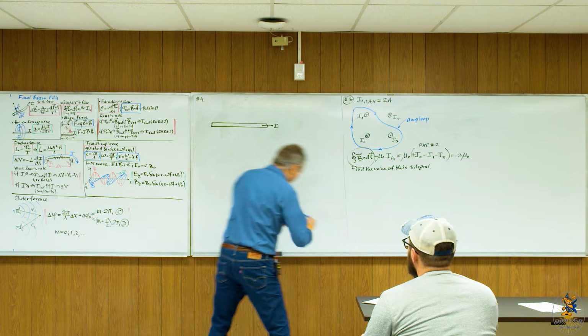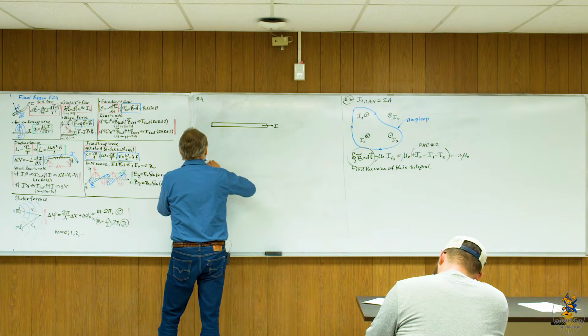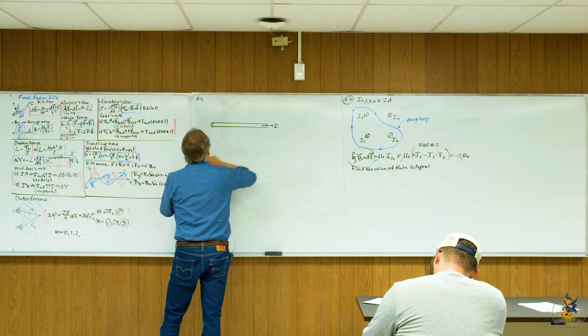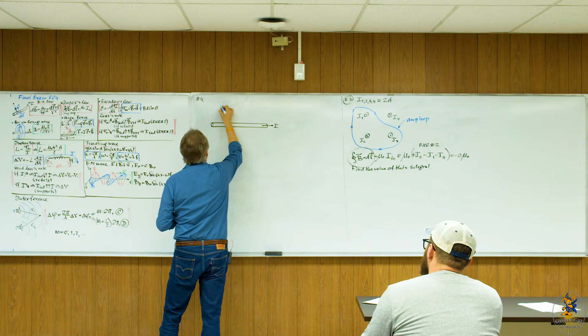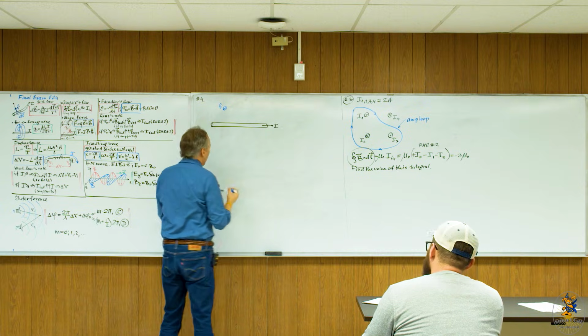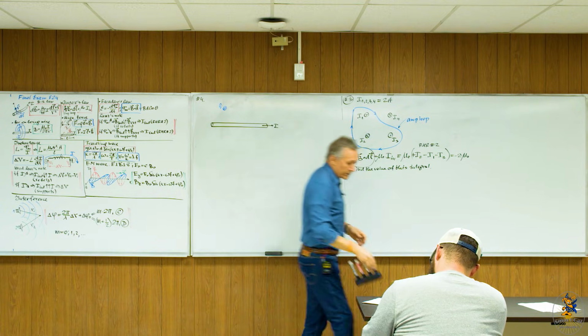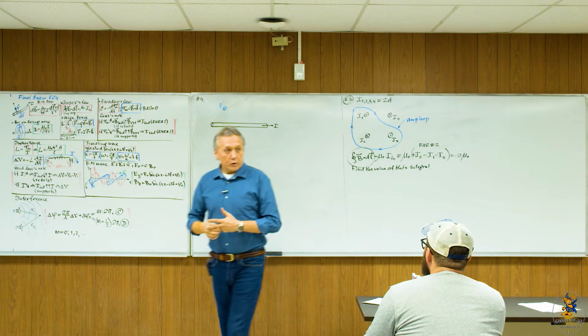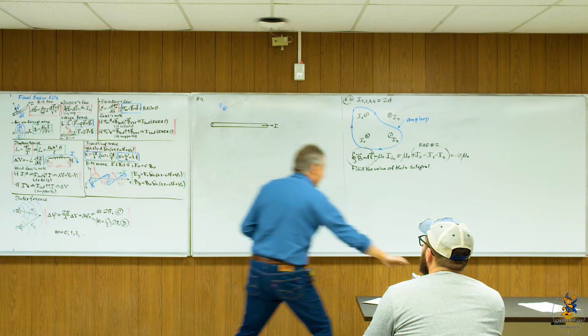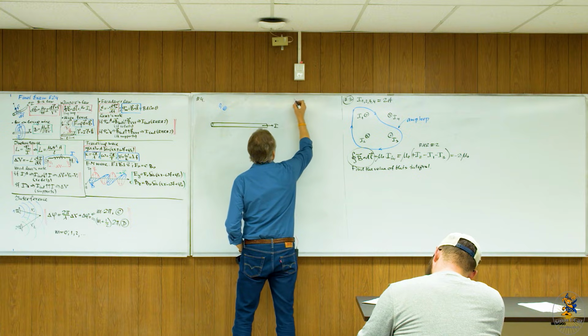So let me start with the first one. Let's say this is my positive charge, Q. And I want to discuss the magnetic force acting on this charge. So first of all, I need to write the force.